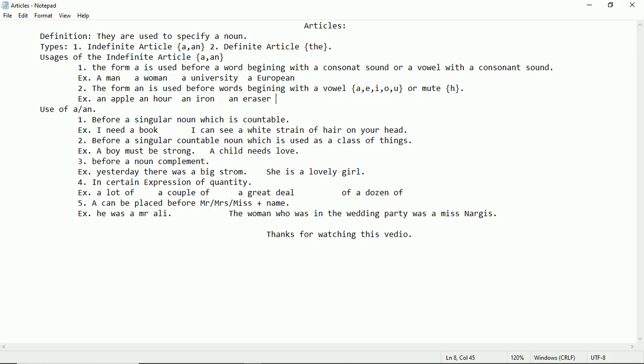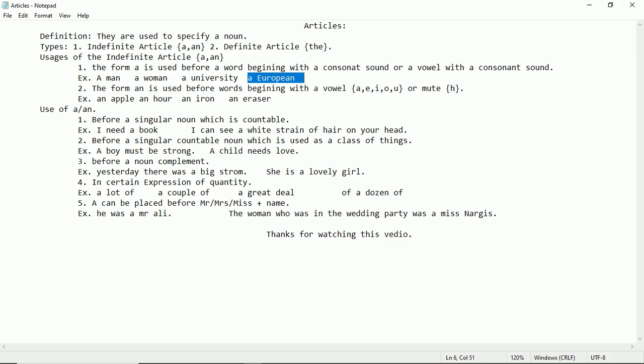So when our word begins with a vowel, a, e, i, o, u, we have to use a or an. For example, a man, a woman, a university, a European. Here, our vowel letter E doesn't make any sound.